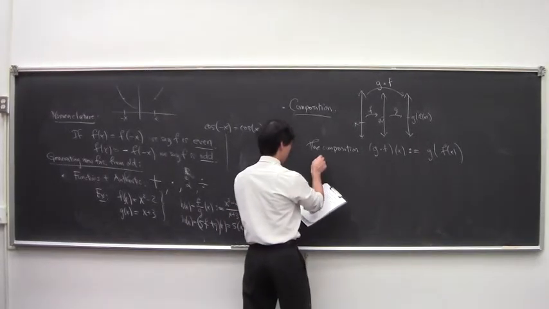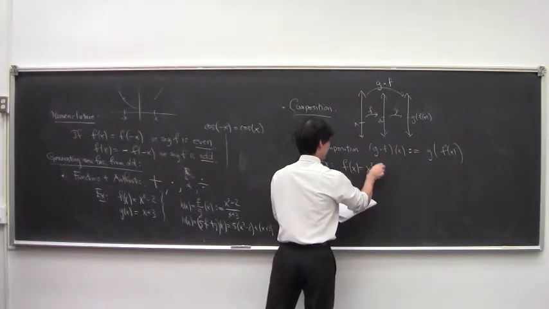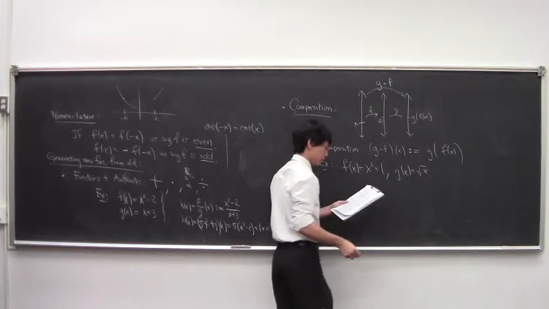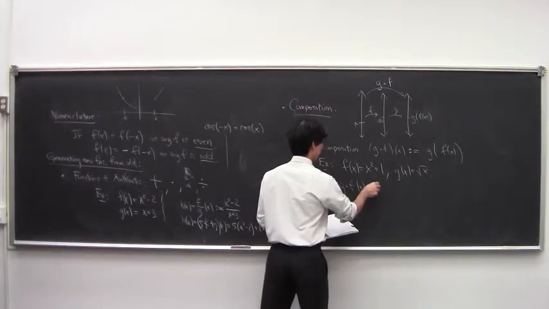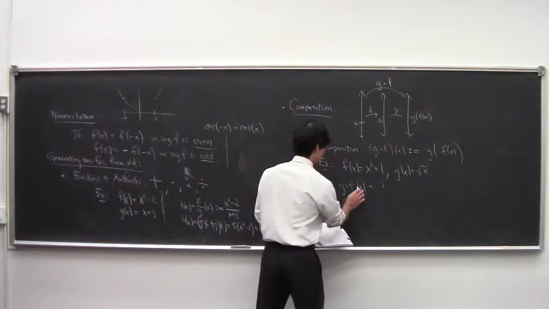So for example, if f of x is x squared plus 1, and g of x is the square root of x, then what is g of f of x? And what is f of g of x?